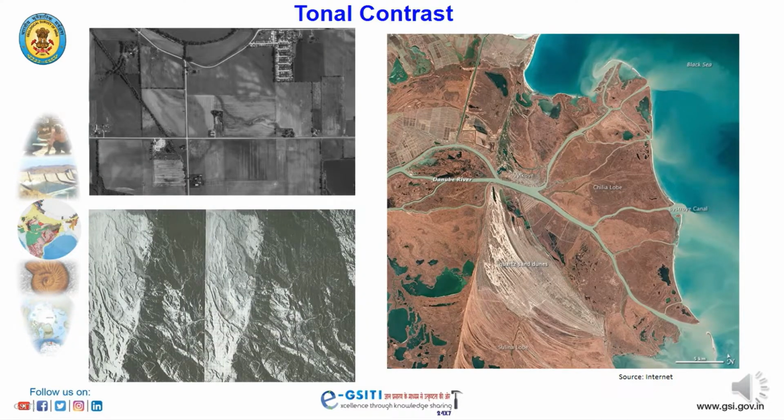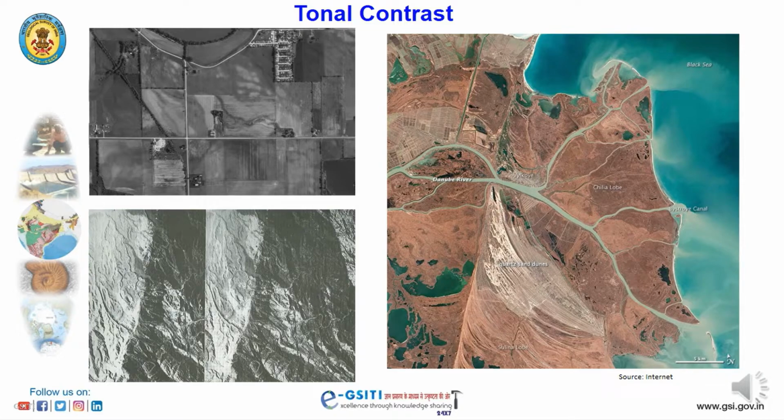It may be due to different reasons. You can see various tonal contrast in this imagery. A satellite image with various tonal contrast may be due to the moisture content in that area, and the surface reflectance of different materials on that particular imagery will be different.